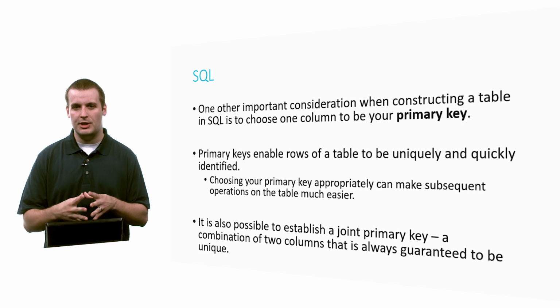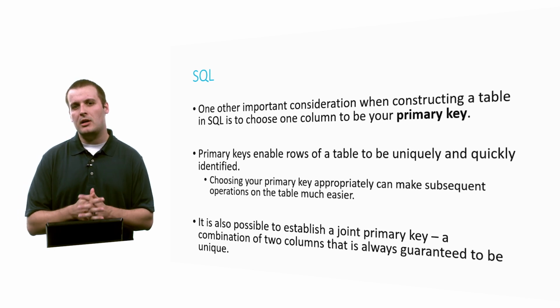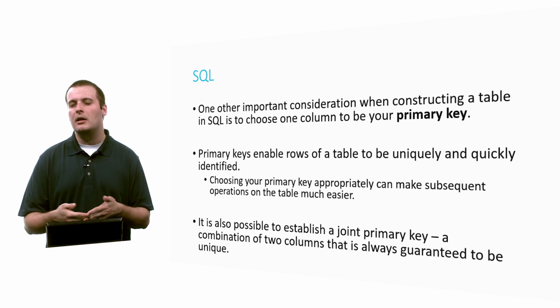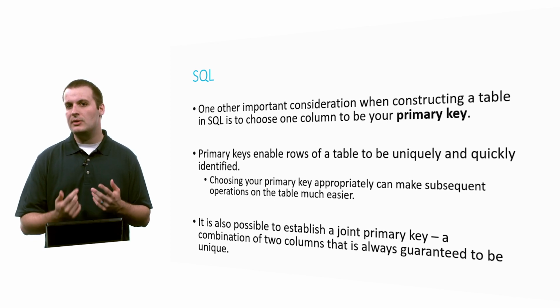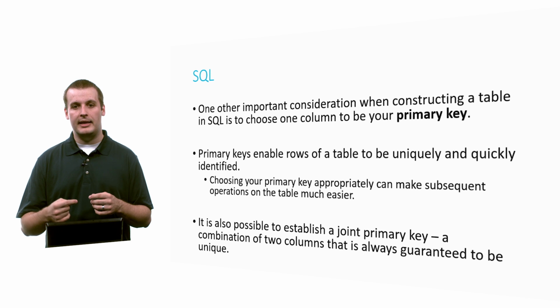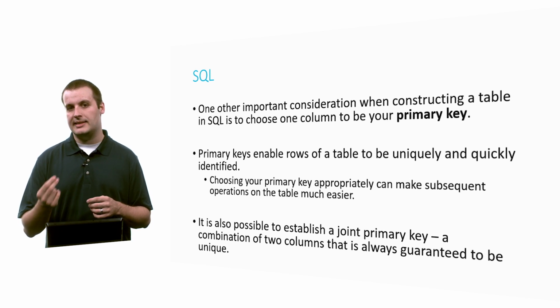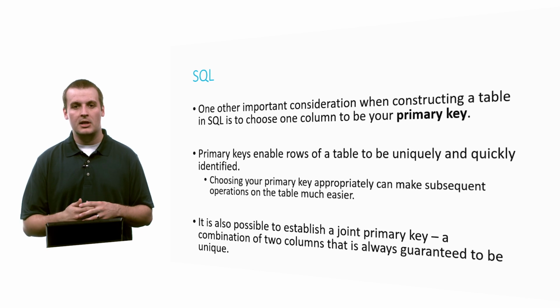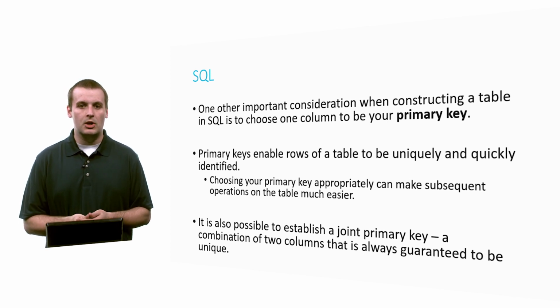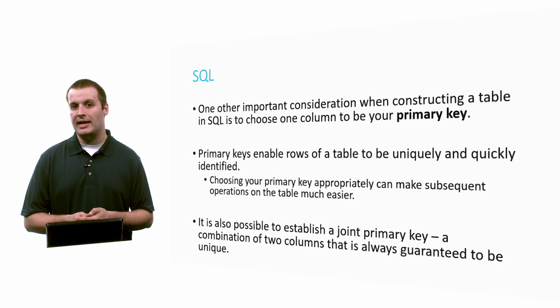So one other consideration when you're building a table is to pick one column to be what's called a primary key. And a primary key is a column where every single value is unique. And that means that you can easily pick out a single row just by looking at the primary key of that row. So for example, you generally, with users, don't want 2 users who have the same user ID number.